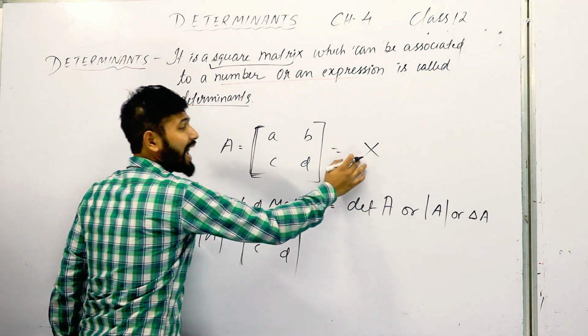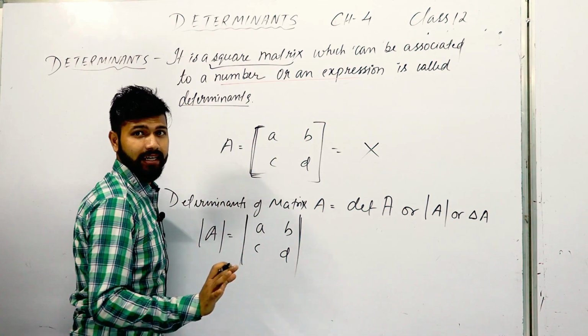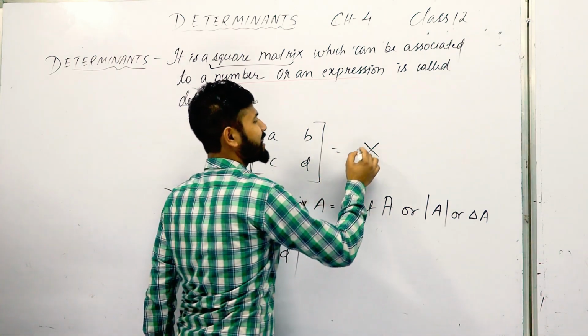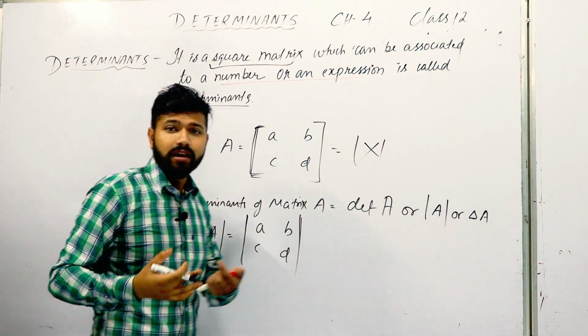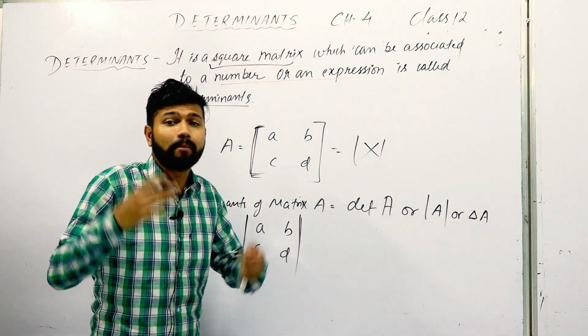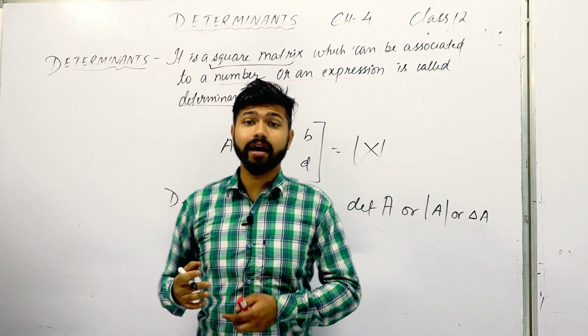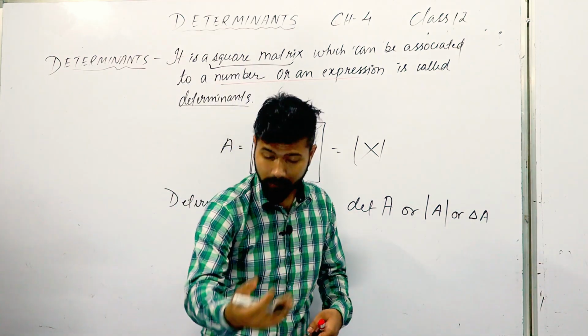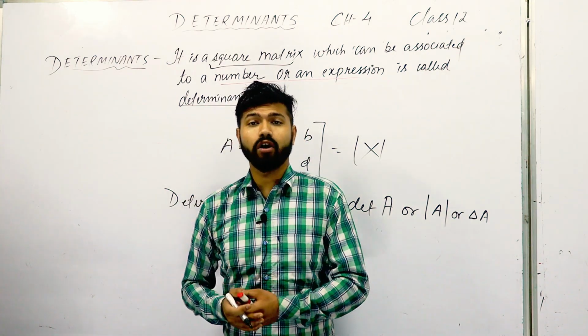Then x is the associated value of this matrix, and hence we can call it the determinant of A. The value which we obtain from a matrix can be named a determinant. In the upcoming session we are going to learn how to find the determinant of a matrix.